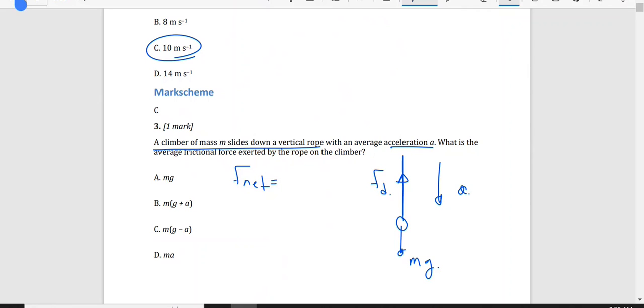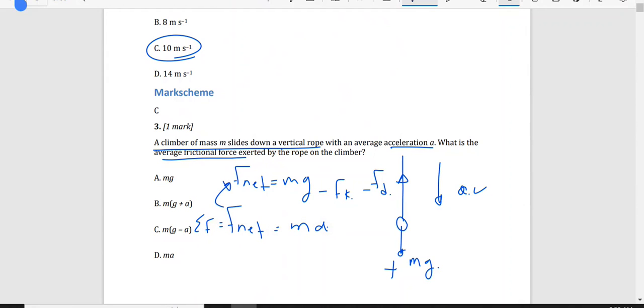Forces in the same direction as the motion, the direction of acceleration, are positive. Opposite to the direction of motion is negative. So it will be mg minus the friction force. Now I need to find the value of the average frictional force. From Newton's second law, F net, all the forces acting on the object, equals mass times acceleration.